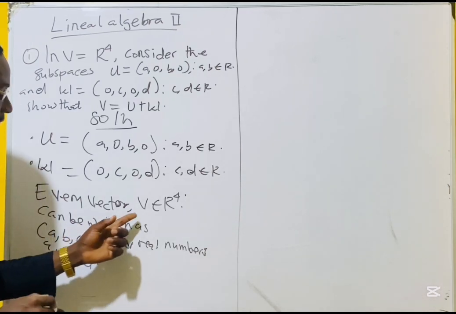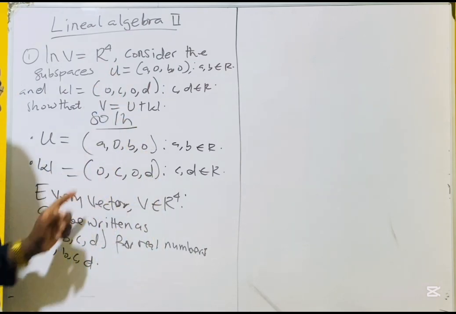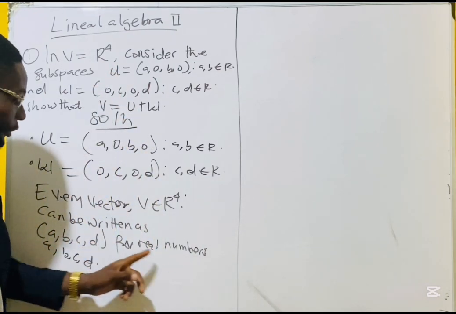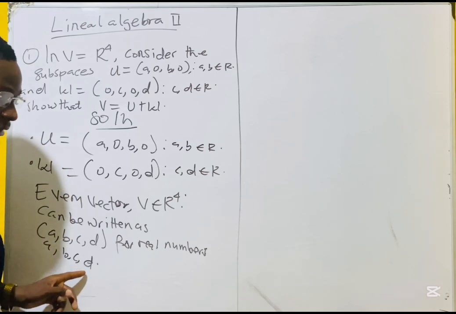So every vector V that belongs to R4 can be written as (a, b, c, d) for real numbers a, b, c, and d.